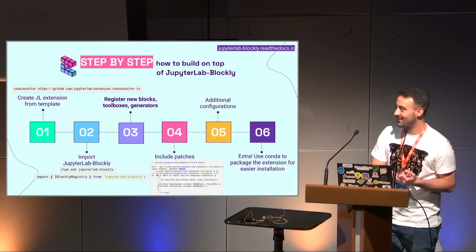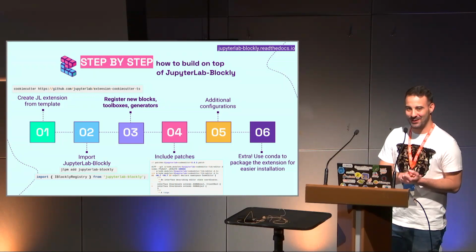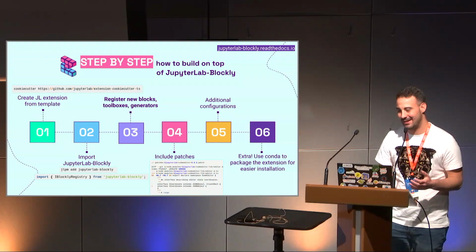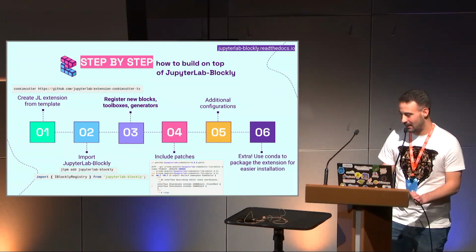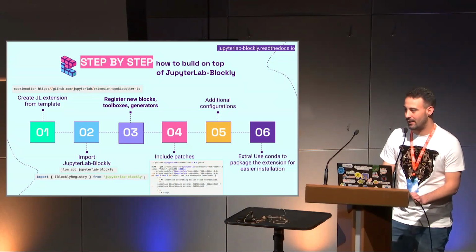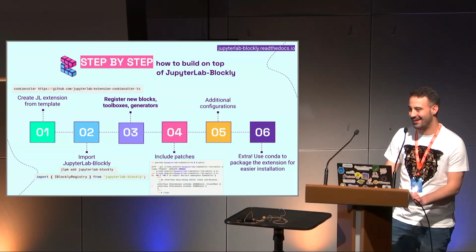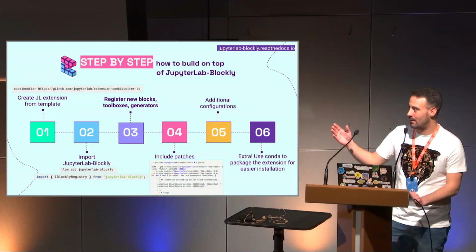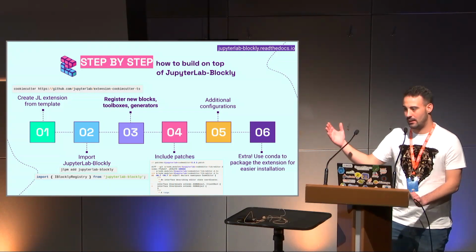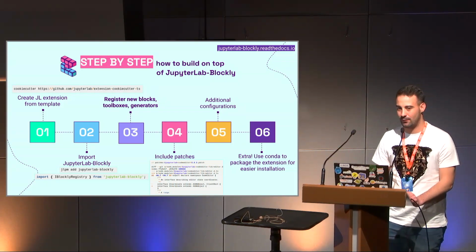Well, at the moment we have a small issue. Basically, the library Blockly uses a different, higher version of TypeScript than JupyterLab. So I'm talking right now about the Blockly extension for JupyterLab 3.